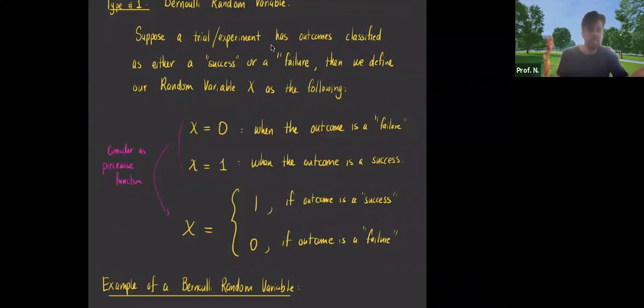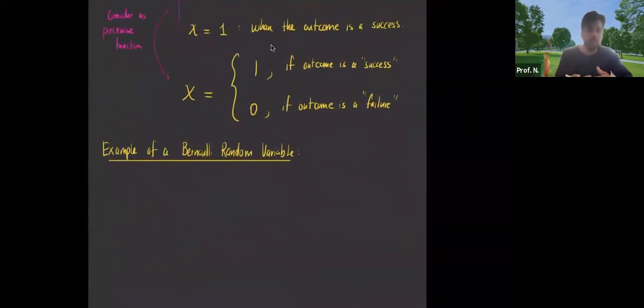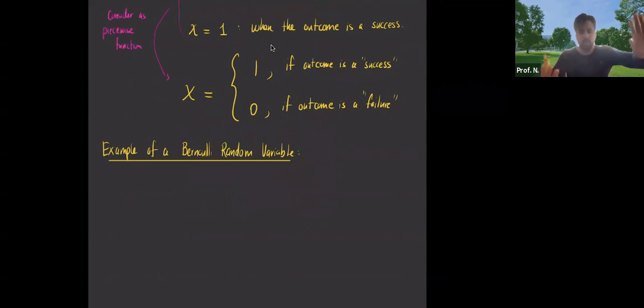And if that's the success, then the failure would be it's on tails. And I could have switched it as well. Let's make success be the outcome of flipping a coin to be tails instead, and the failure of it being heads. The idea is that it doesn't really matter what's a success and what's a failure, as long as when you do define the success, you're consistent with what the failure would be, and it's just two outcomes.